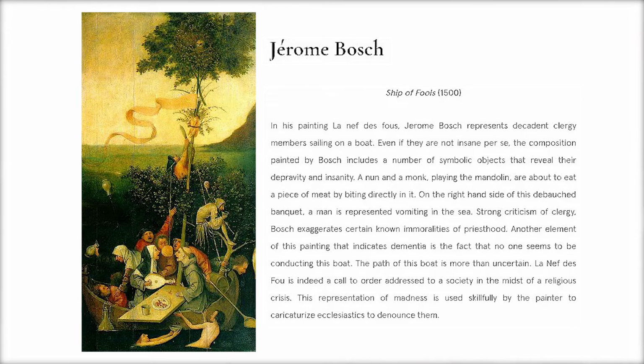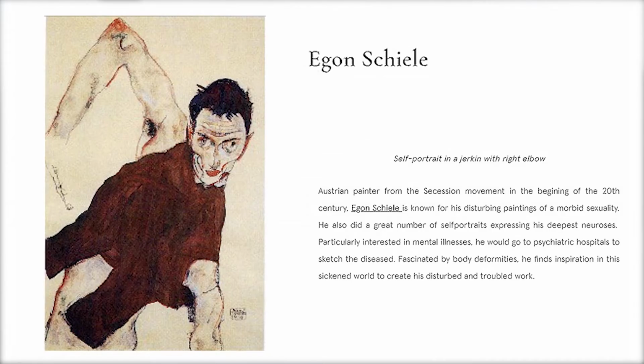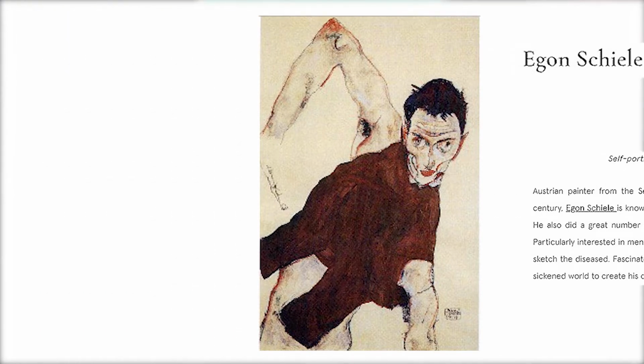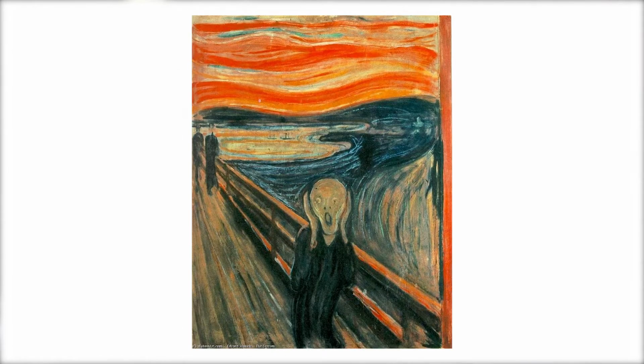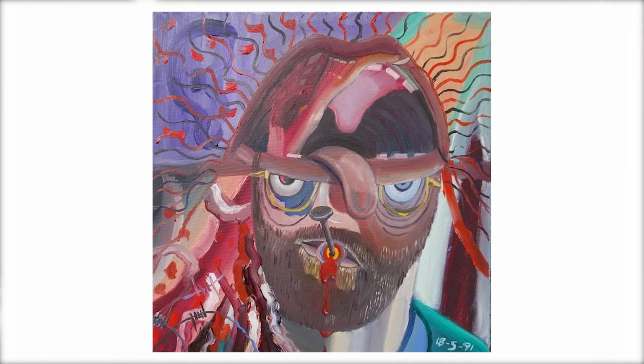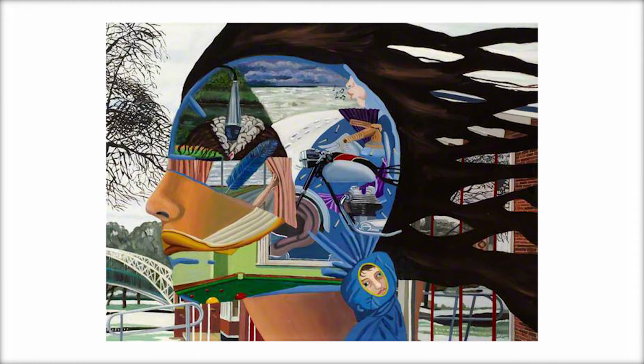Although these seem fairly simple, they still portray several symbolic objects that reveal their depravity and insanity. These are vividly illustrated when we enter into the schizophrenic world where artists let us in their world. Words can only do so much, but a visual interpretation of someone's thoughts can let us into a world where words couldn't even possibly explain what is actually going on.